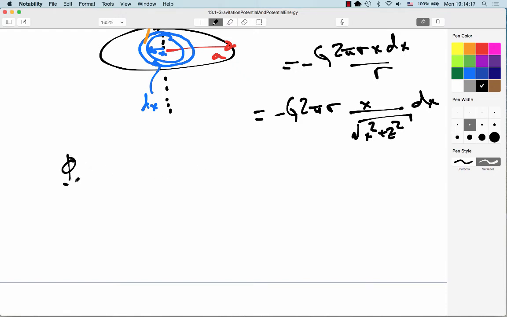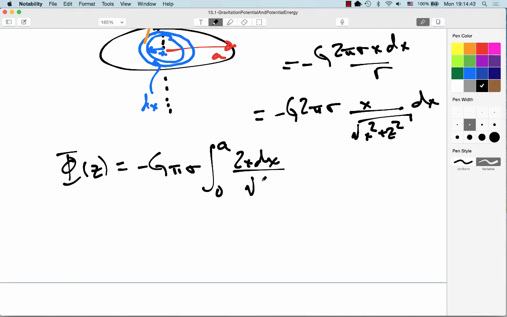So the potential at an elevation z above the disk will be minus G times pi sigma. I'm going to put the 2 inside for my own nefarious reasons. G pi sigma integral 0 to a of 2x dx over the root x squared plus z squared. And I think you can see where we're going with this.